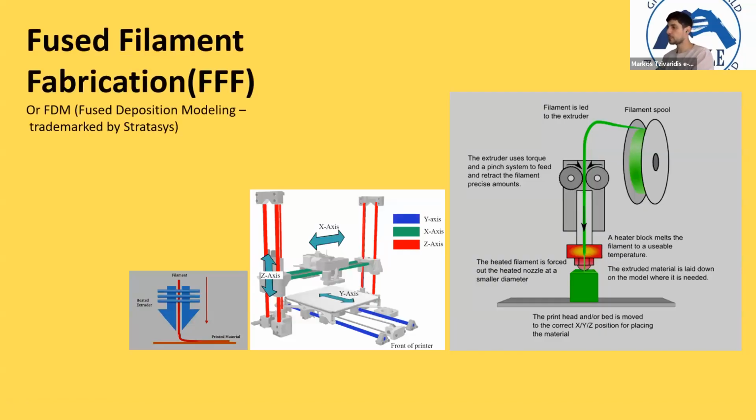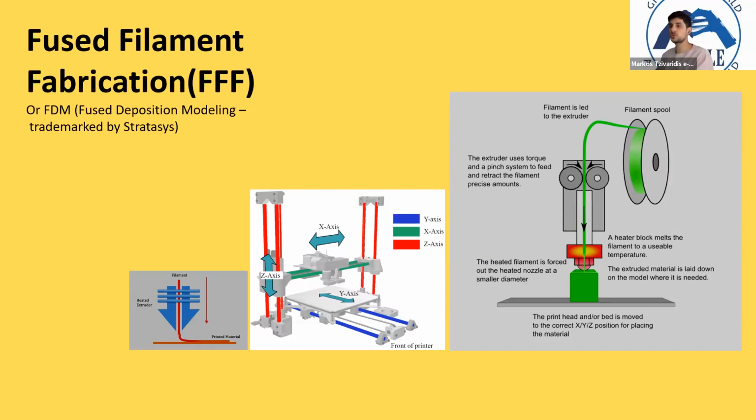Now, the first process that we're going to talk about, as I said, is the FDM process, because it is very easy to use, it's cheap, and it's a home, let's say, 3D printing method, because you can do it on your own.